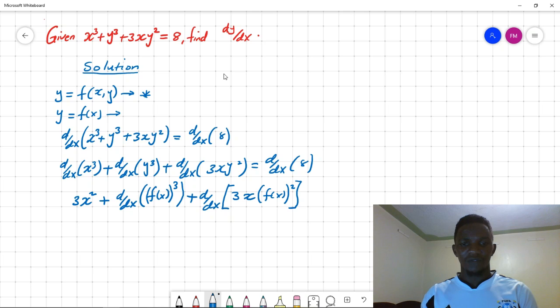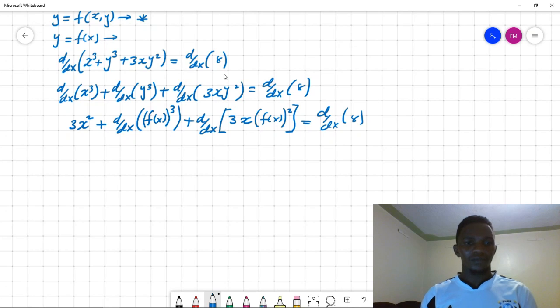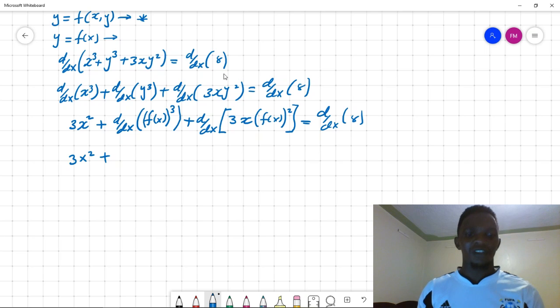That is what we are differentiating, is equal to d/dx of 8. Okay, so we go ahead and differentiate. So here we still have our 3x squared plus, so differentiate this. How do we differentiate this? We differentiate this using the chain rule.